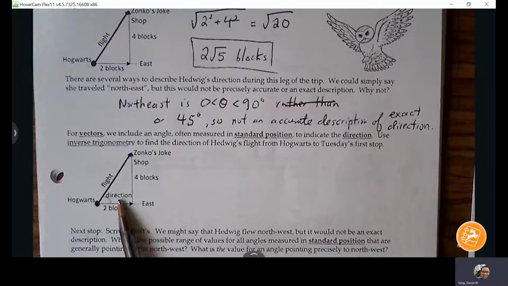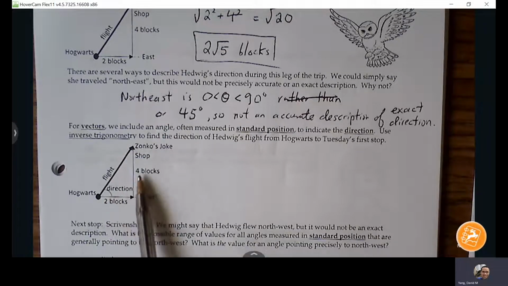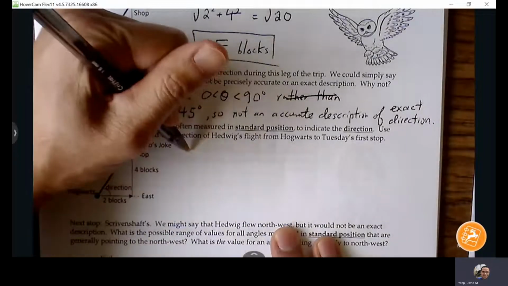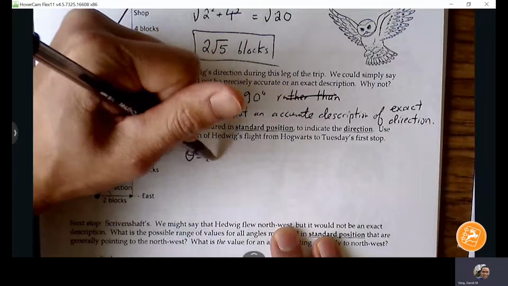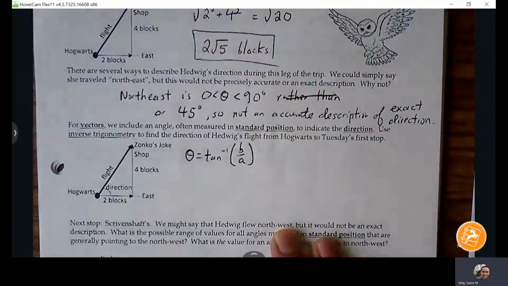We're going to find that direction here now. Okay, we can find theta. Now we can involve inverse tangent, right? So theta is inverse tangent of b over a.